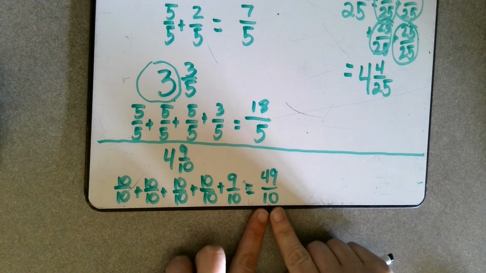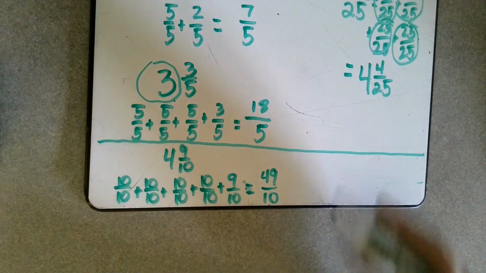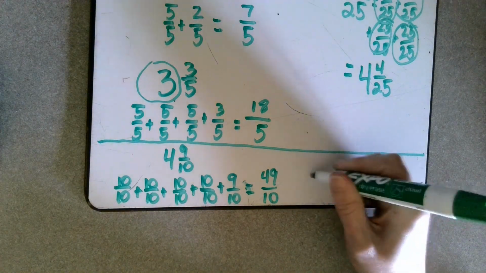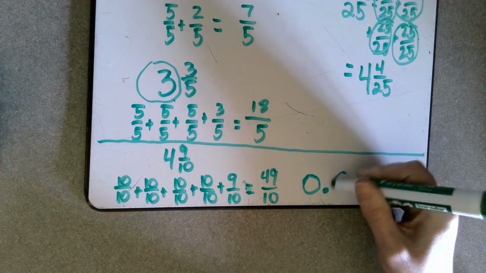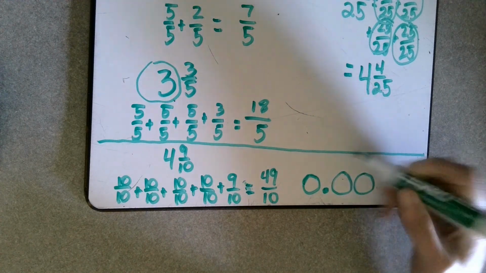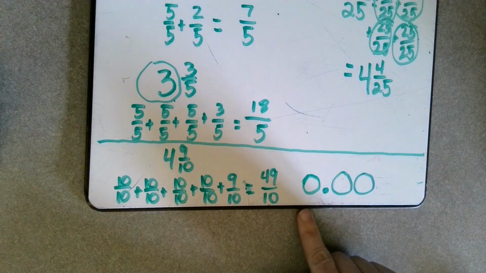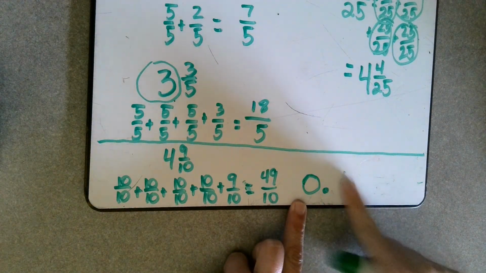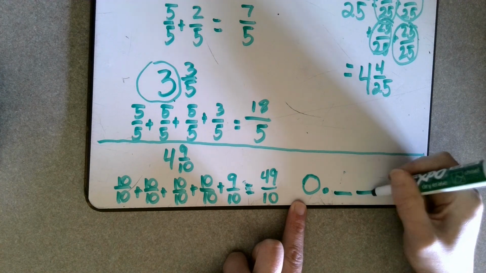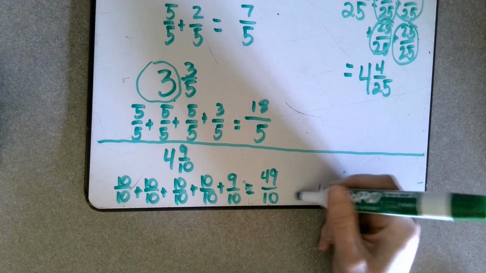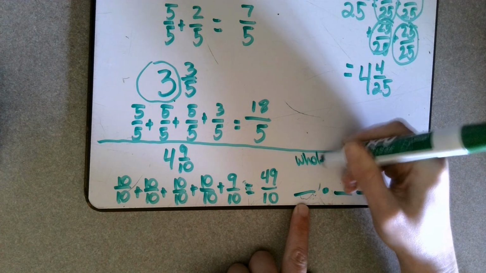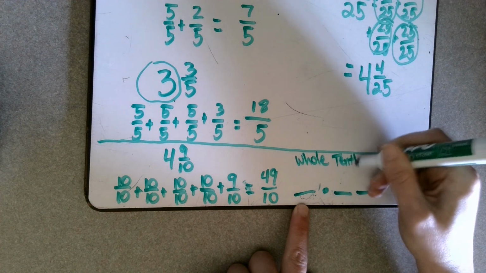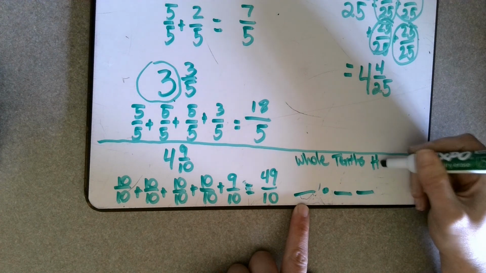Well, this can be tricky because we've got to look back and think about the place value columns: here are my wholes, my tenths column, my hundredths column. I'll make these lines instead of zeros. Okay, so here's where my wholes are, and then tenths, hundredths.